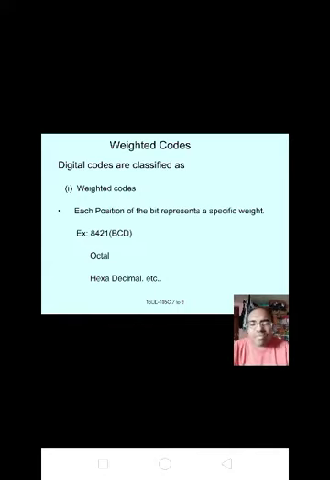There are two types: weighted codes and unweighted codes. First, weighted codes. Each position of the bit represents a specific weight.